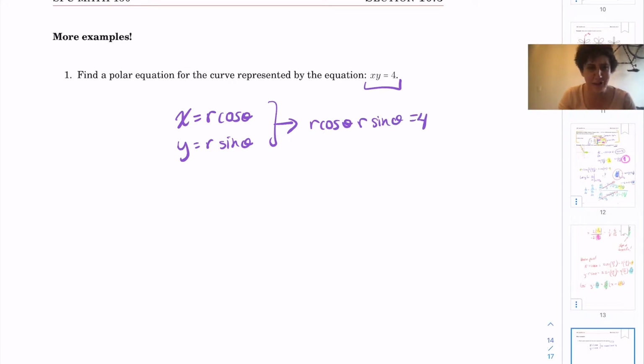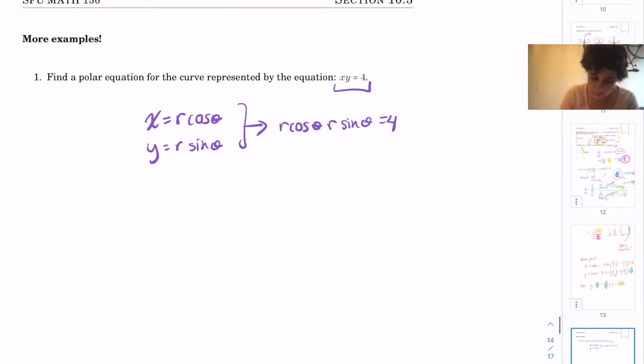We can collect our terms a bit: r squared cos theta sine theta equals 4. We can make our lives a little easier by observing that cos theta sine theta is the identity 1/2 sine 2 theta.